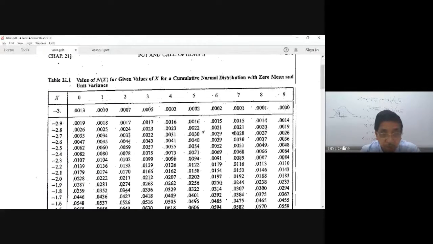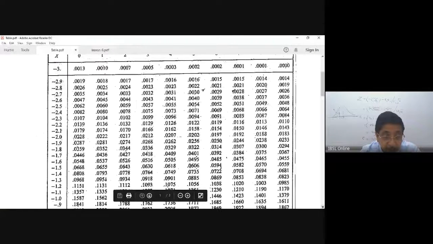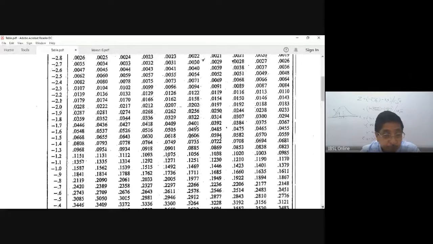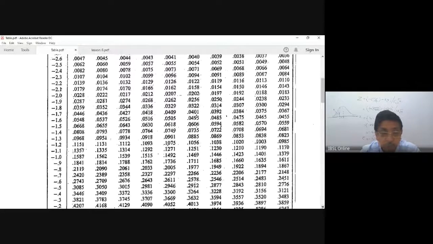This has already been downloaded to the computer, and I think you all can get access to this table. Then you have to go for minus 0.71. You get minus 0.7 here, and 1 would be here.